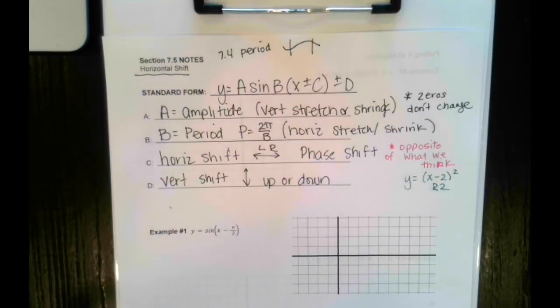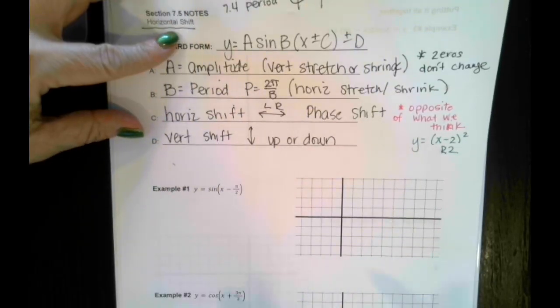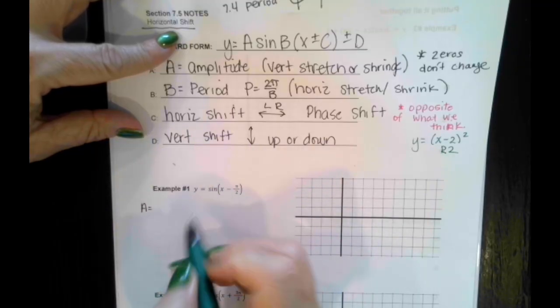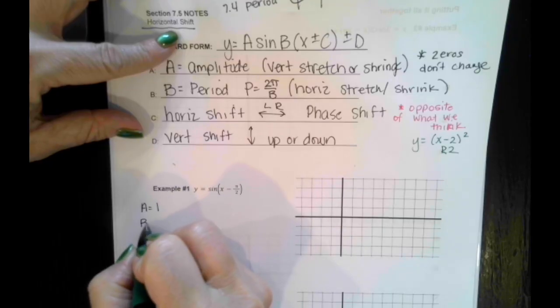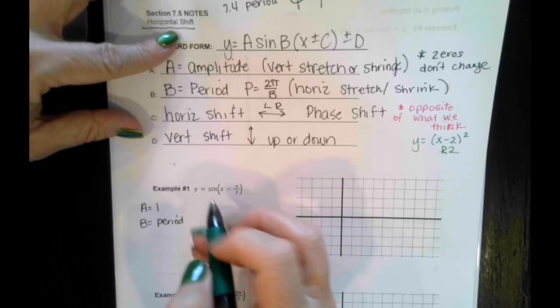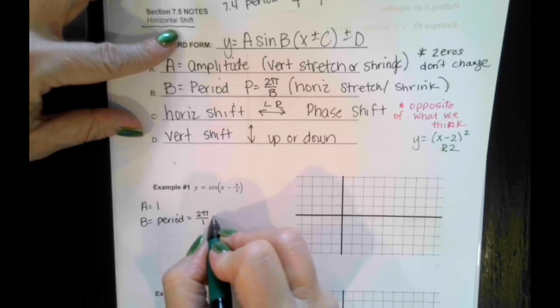Okay, so as we do this, I'm going to identify all of my 4 terms as we talk through these. My A is my amplitude, and on this one there's nothing there, so it's implied 1. My B is my period. There's no B on this, so my period is going to be 2 pi over 1, which we don't write that way, of course.